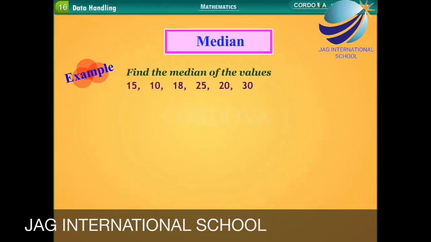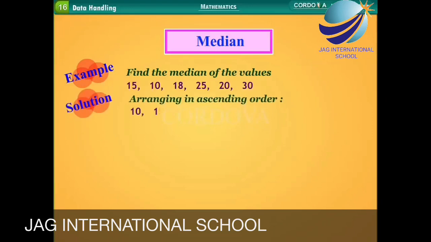Example. Find the median of the values 15, 10, 18, 25, 20, 30. Solution. Arranging in ascending order: 10, 15, 18, 20, 25, 30. Number of terms n is equal to 6, which is even.